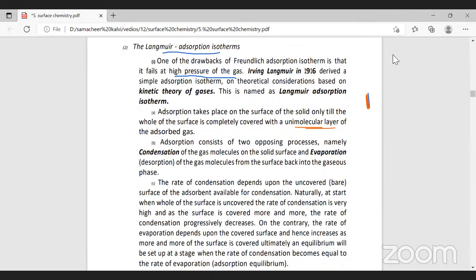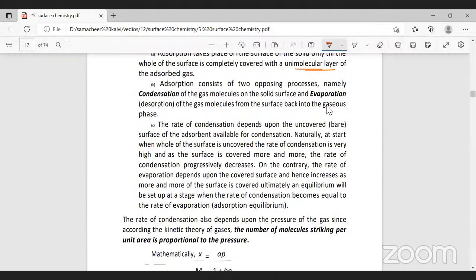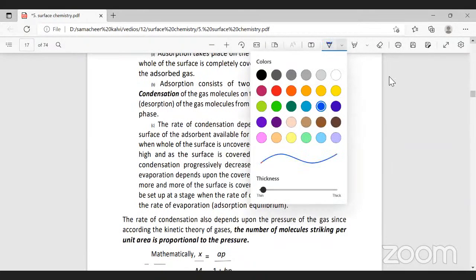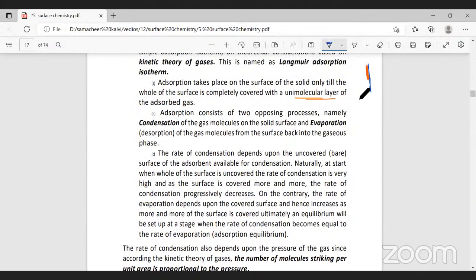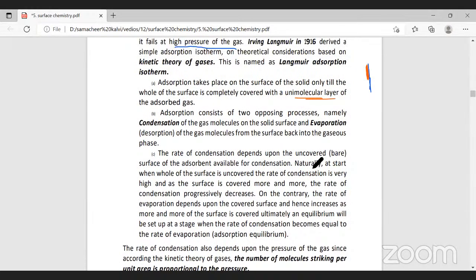If some more space is there, condensation will be more. At the start, when the whole surface is uncovered, the rate of condensation is very high. As the surface is covered more and more, the rate of condensation progressively decreases because the molecules are getting adsorbed.